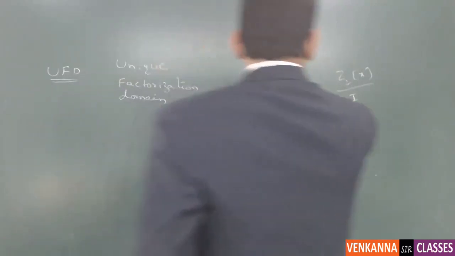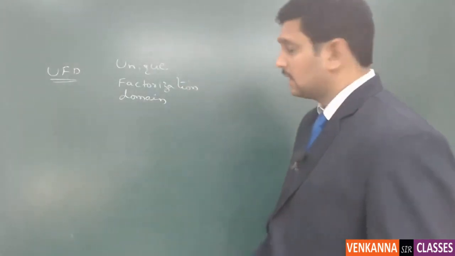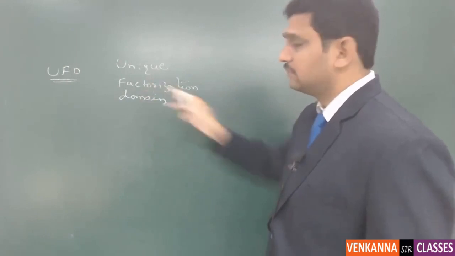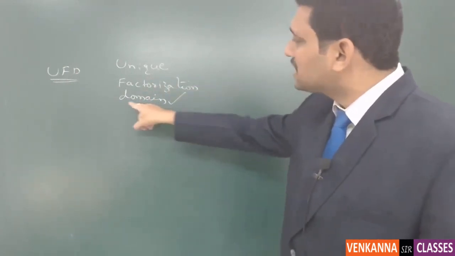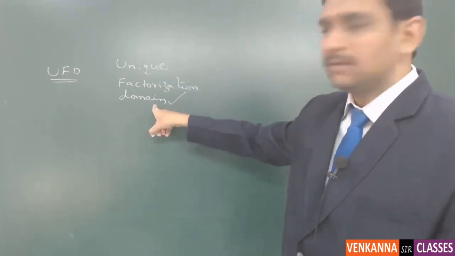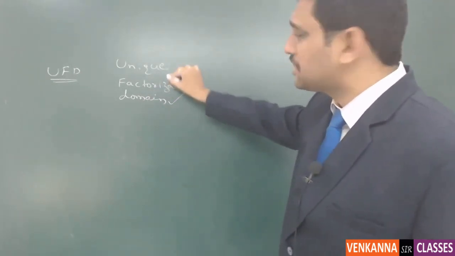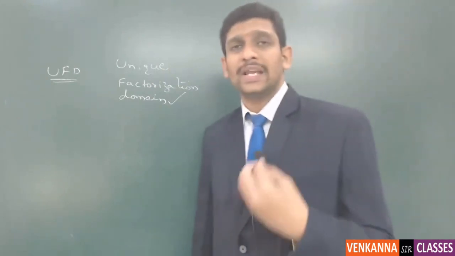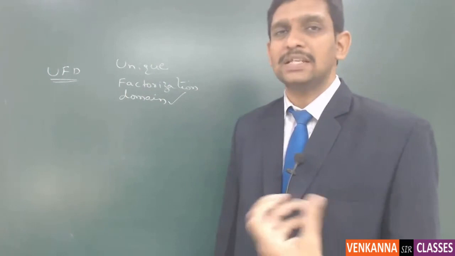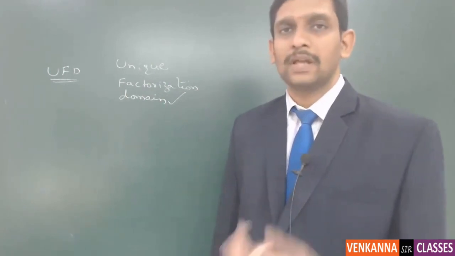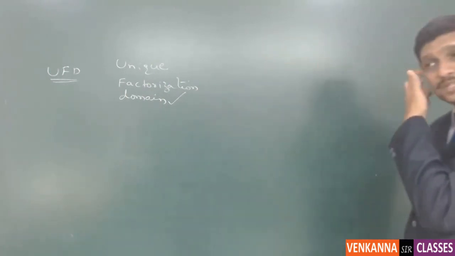Now, from the very word, we can understand that domain stands for integral domain. Unique factorization means we can factorize the elements in a unique way. Right? So how does the definition go?